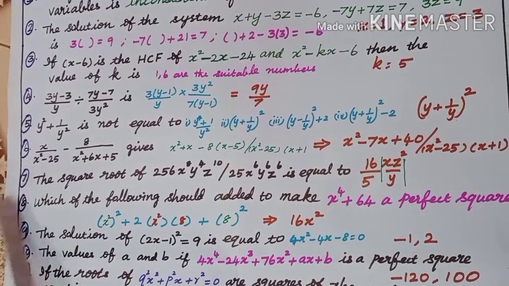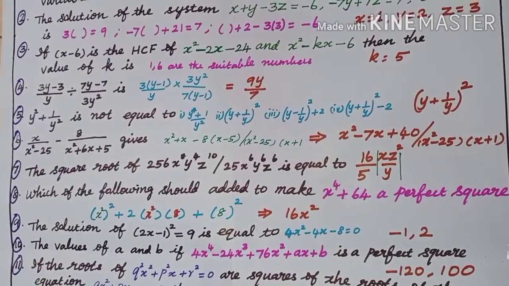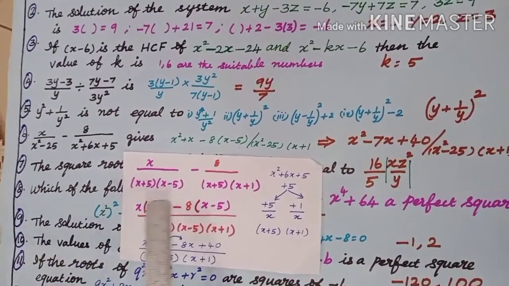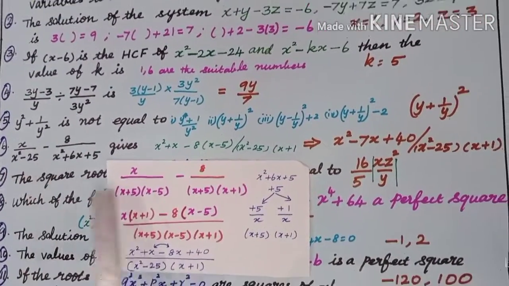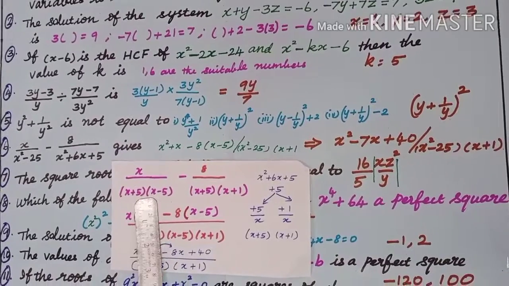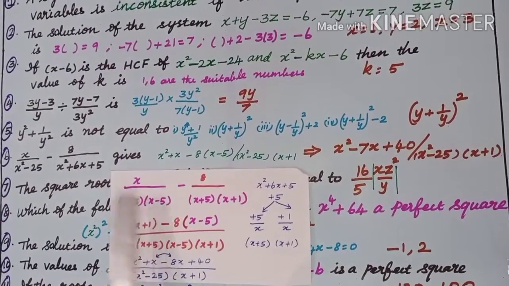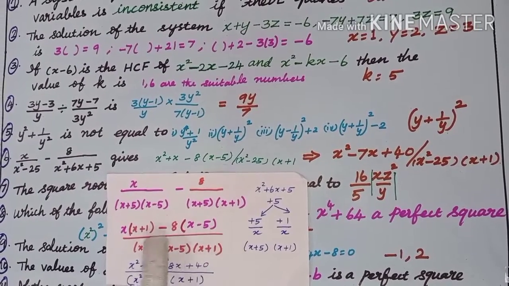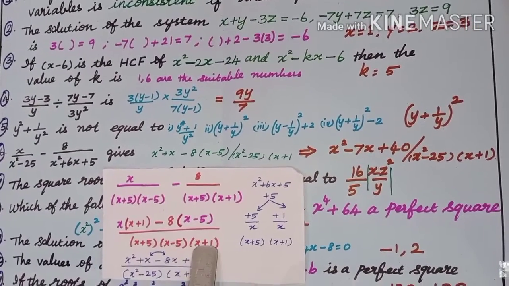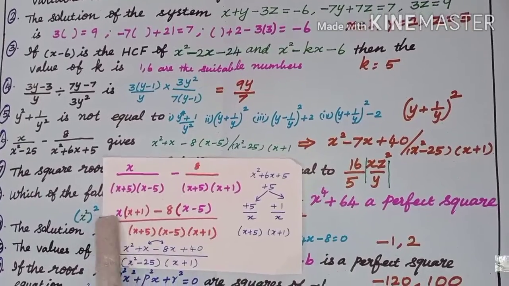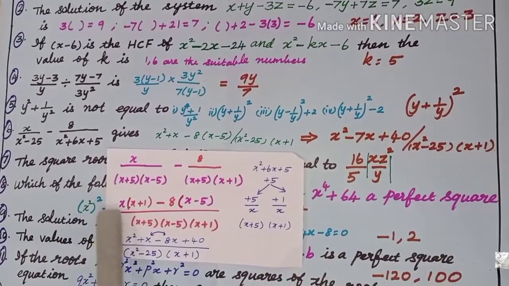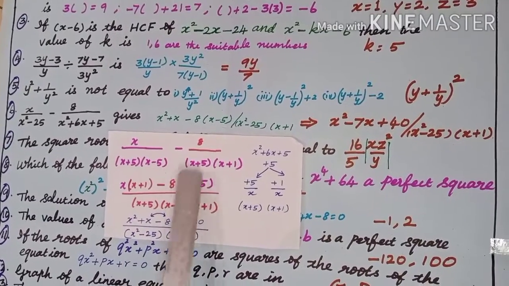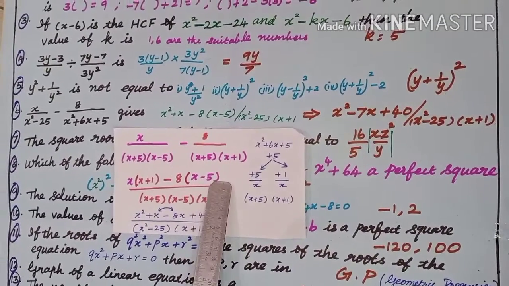Sixth one, we move x, this is minus, you take the LCM. So for the first one, the denominator is x squared minus 25, what is your factor here? x plus 5, x minus 5. This factor is x plus 5, x plus 1. So you write the common factor as the denominator and equate the numerator, you will get x into x plus 1, here minus 8 into x minus 5.